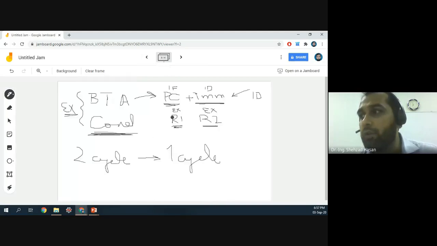Then instead of doing these two comparisons in the execution stage, we have also evaluated the condition in the decode stage.